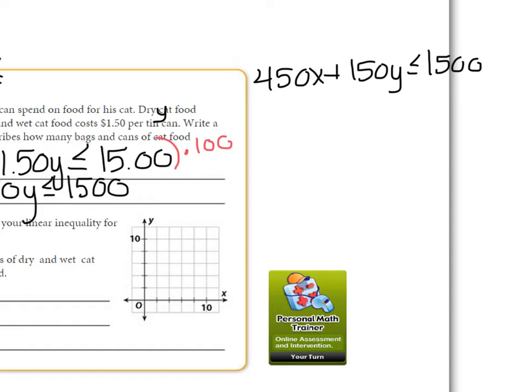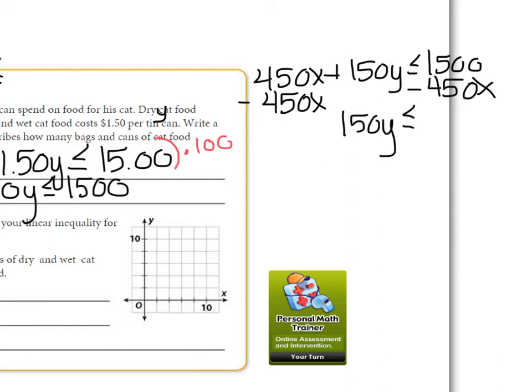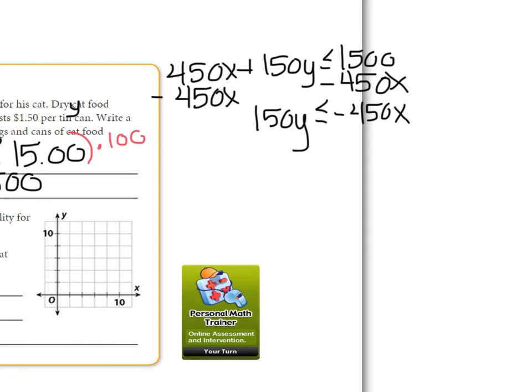To get y by itself, my first step would be to subtract that 450x on both sides. So I would have 150y less than or equal to, again, put your slope first, your x value, negative 450x. The 1500 is positive, so that would be plus 1500.